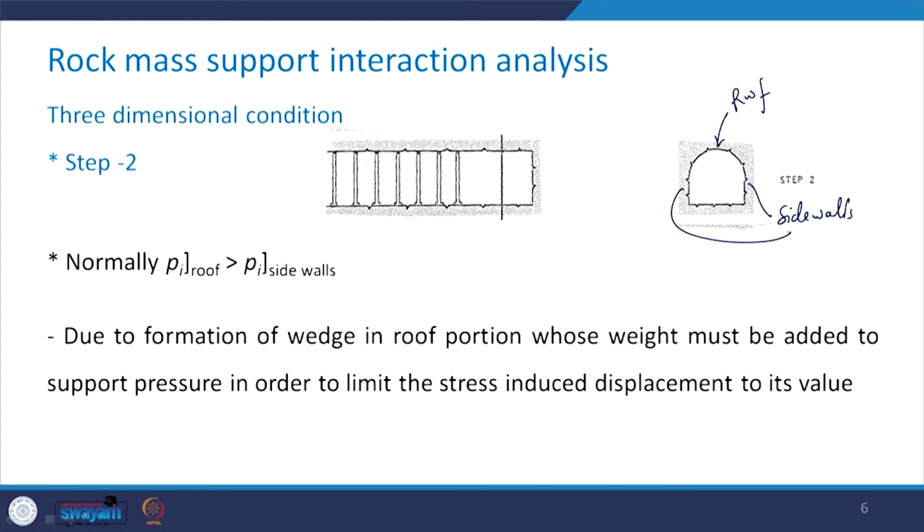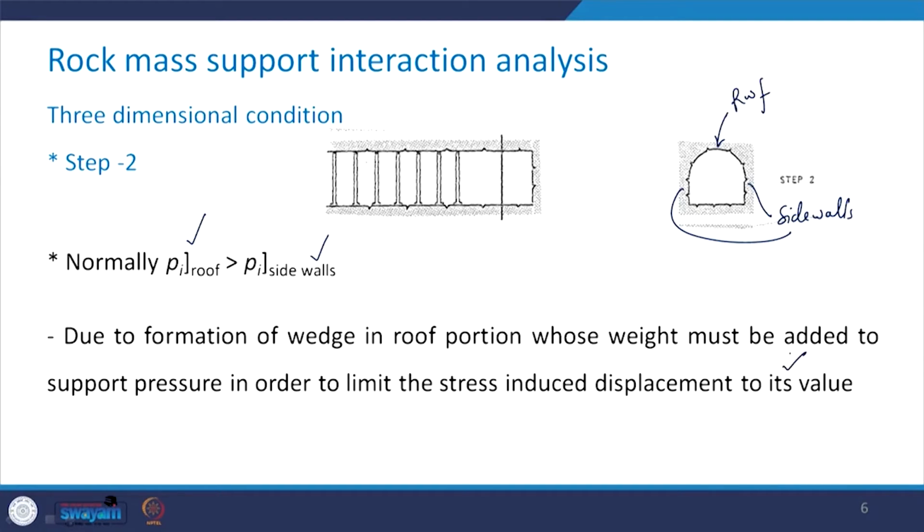Normally this support pressure for the roof is more than that for the side walls. This is due to the formation of a wedge in the roof portion, whose weight must be added to the support pressure in order to limit the stress-induced displacement to its value.